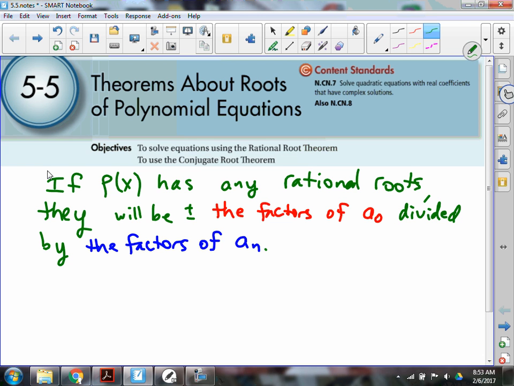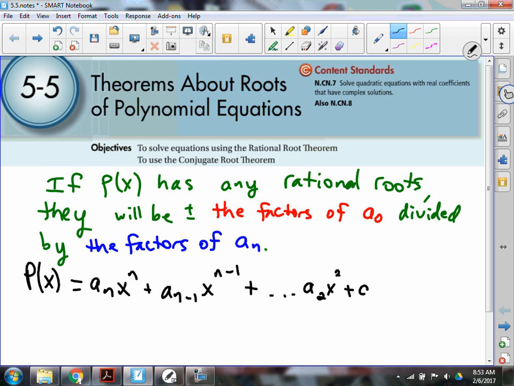So to answer that, we got to go all the way back to when we first defined a polynomial. We said it was a sub n x to the n plus a sub n minus 1 x to the n minus 1 plus a whole bunch more plus a2 x squared plus a sub 1 x plus a sub 0.